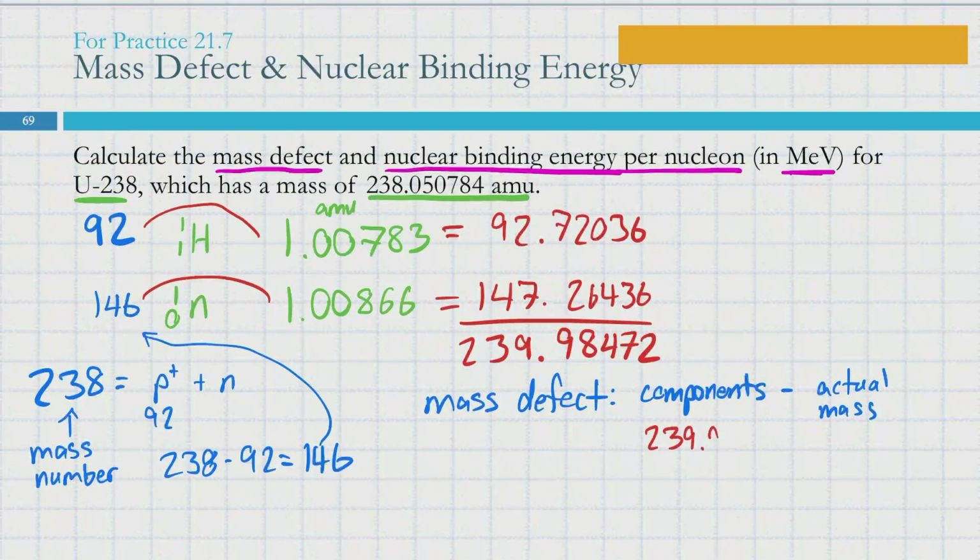So 239.98472 minus the value we were given of 238.05 and the rest, with units of AMUs. So our mass defect is 1.93394 AMUs, assuming we did this correctly.